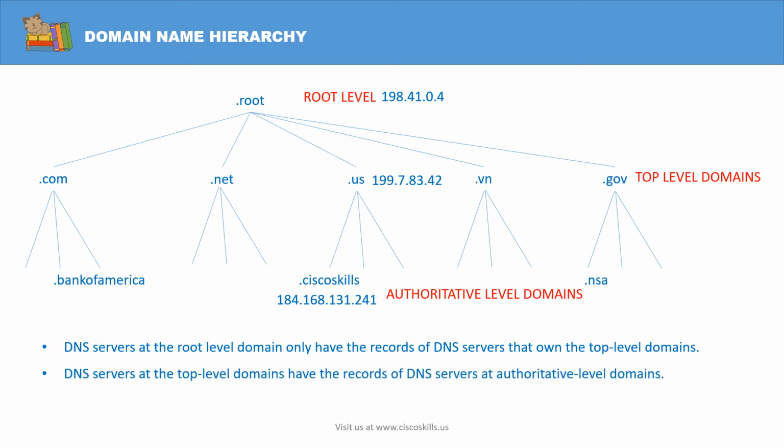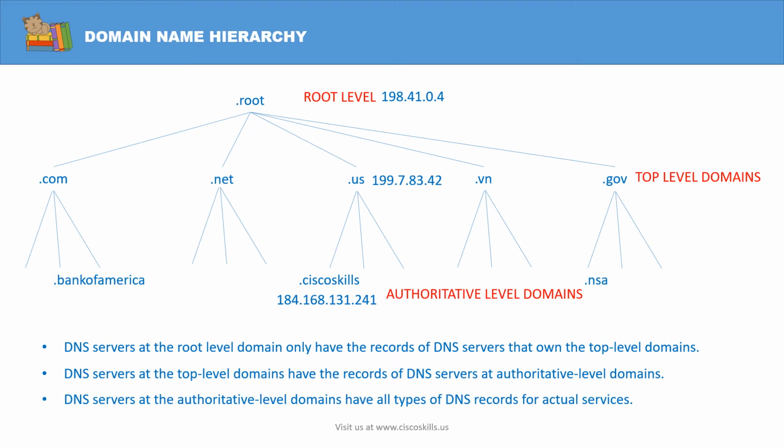DNS servers at the top level domains have the records of DNS servers at authoritative level domains. Authoritative level domains include the domains such as bankofamerica.com, Cisco skills.us. DNS servers at the authoritative level domains have all types of DNS records for actual services.